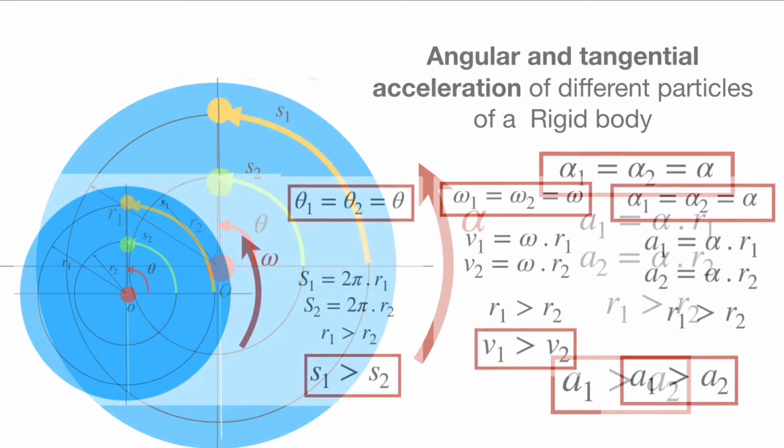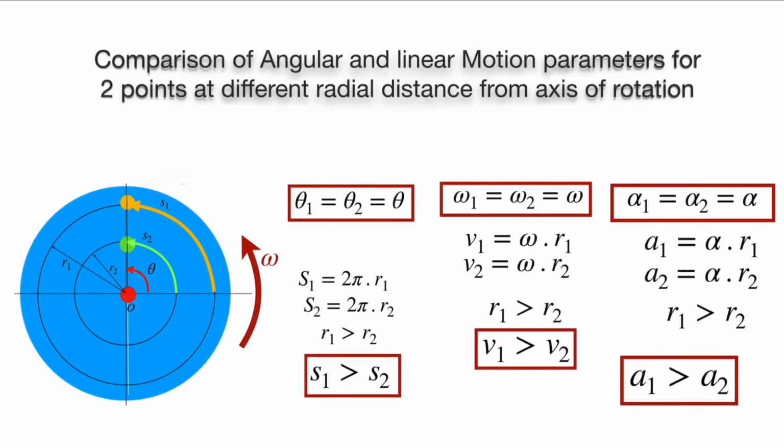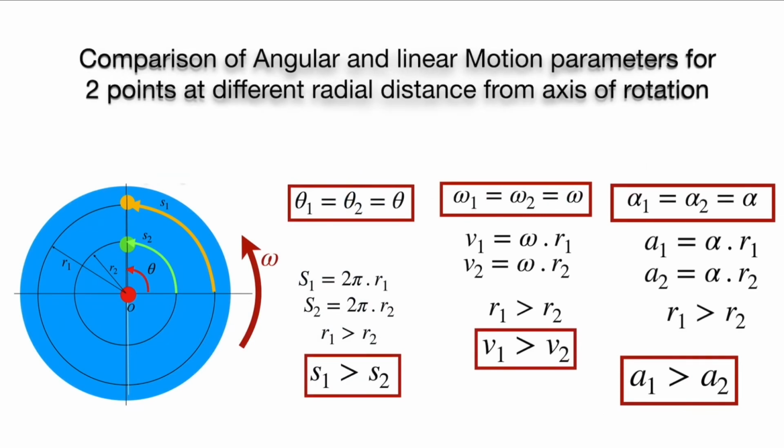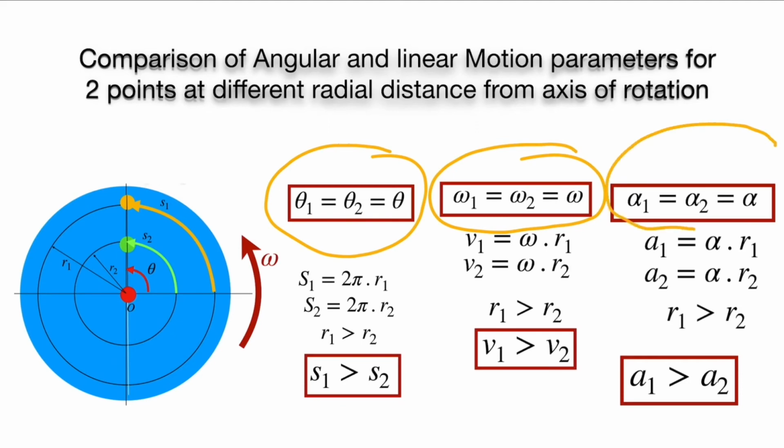So what we understood from whatever analysis we have done is that in case of pure rotational motion, the angular displacement of each and every particle of a rigid body is the same. Similarly, the angular velocity of each and every particle is the same, and the same thing is true for angular acceleration.